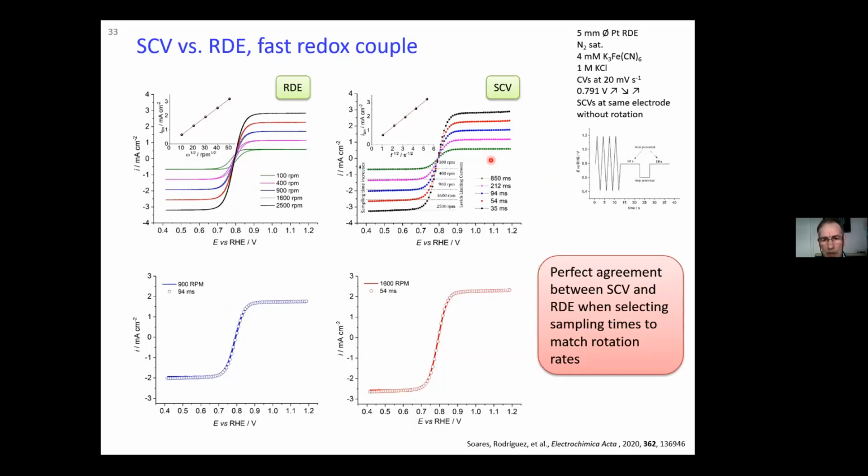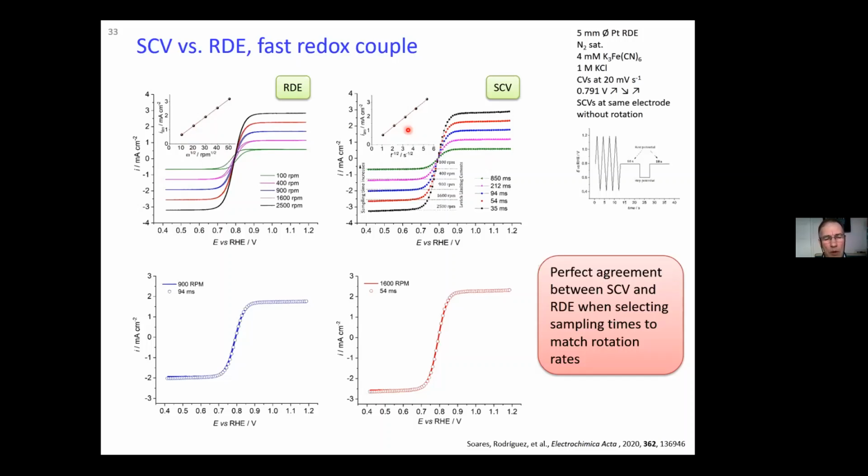So this is just to show that in sampled current voltammetry, we achieve the same diffusion layer thickness as under hydrodynamic conditions, but we do this by selecting the sampling time to achieve the same mass transfer coefficient.